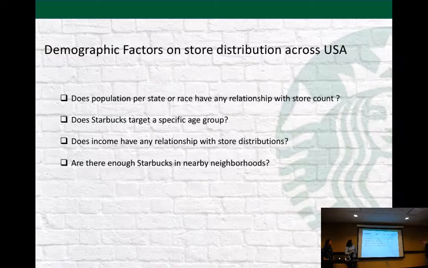Now, other than this, we have some demographic factors on the store distribution, for which Lizette will tell you more about it. Before Lizette starts, I just want to say that the basic takeaway of that analysis was that Starbucks is not running really smoothly; it has its own type of competition.